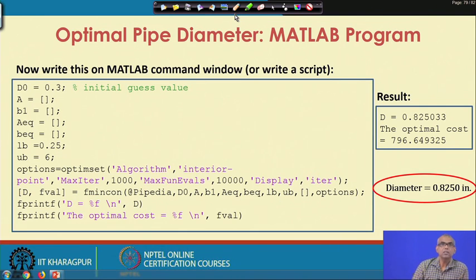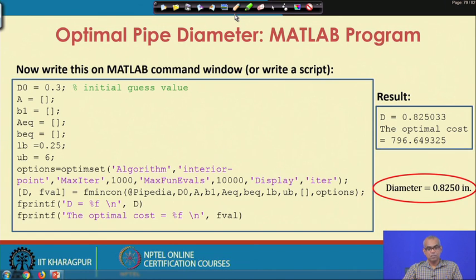So, in this lecture we talked about two single variable unconstrained optimization problems. The first one is solved using fminsearch. That was a problem where we found out the optimal number of CSTRs in the reactor train.